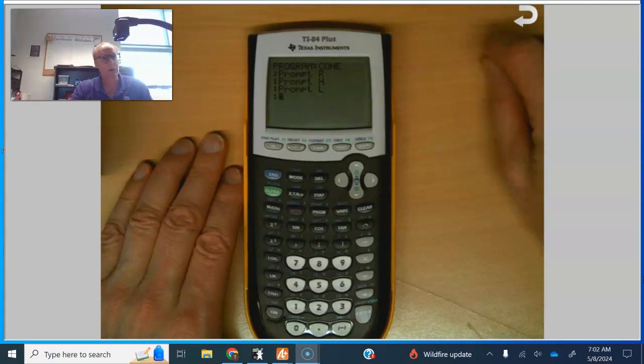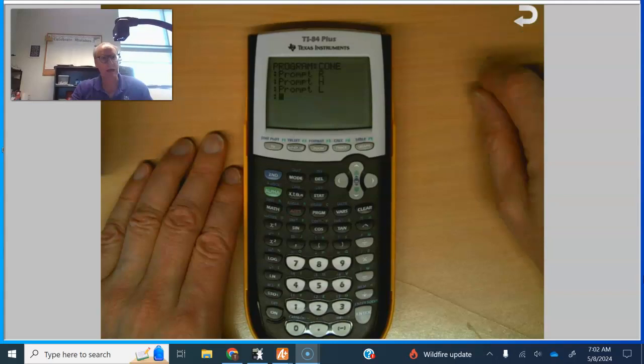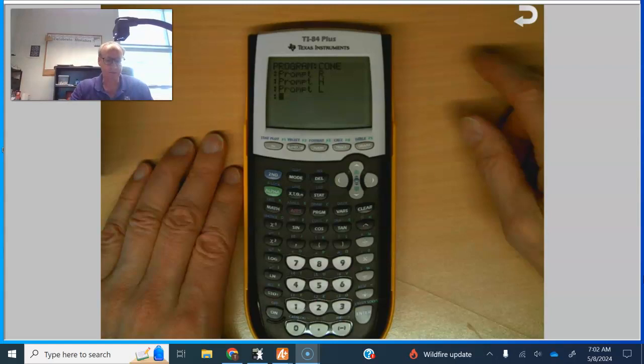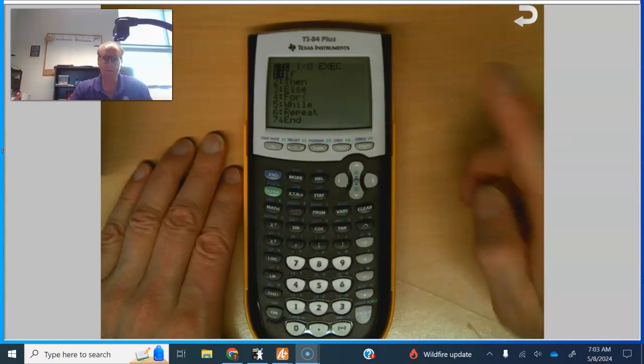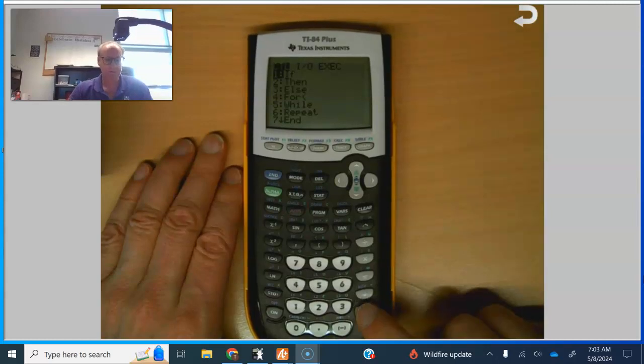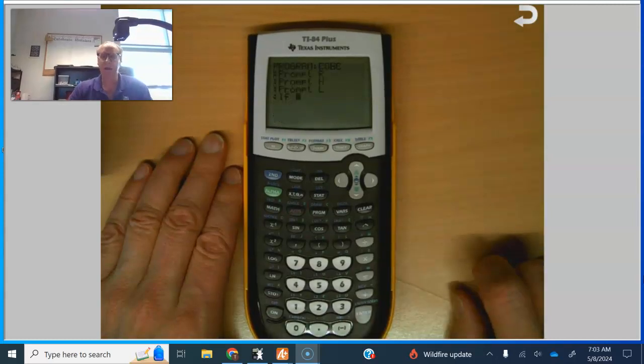So what we're going to do is, when I'm missing a variable or a value, I'm going to enter it as 0. So we're going to use an if statement. If you go to your program and go to control, the very first thing it says is if. So I'm going to put if.